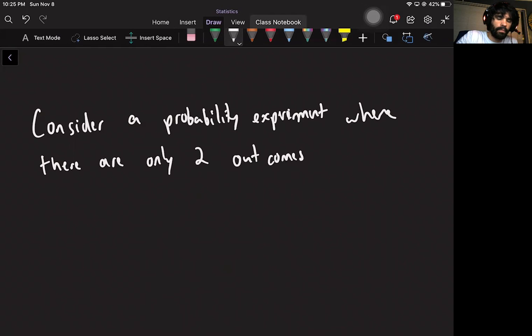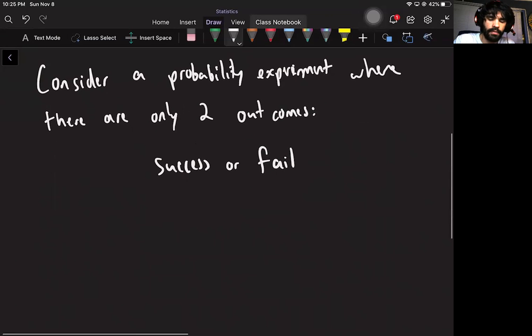So the two outcomes are always going to be called success or fail. Now it's up to you to decide what a success is and what a fail is, but that's always what it's going to be.